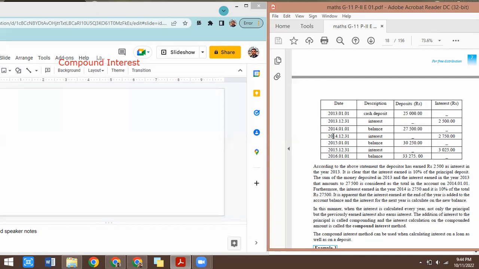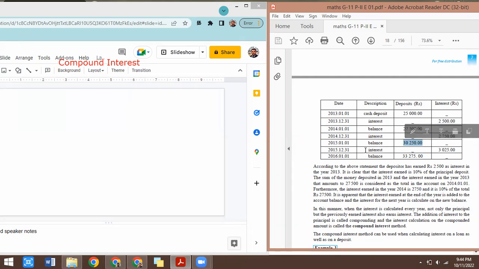At the end of 2014, the last date of 2014, he will receive an interest of 2,750. That is the 10% annual interest of 27,500. Now that will be added to the balance, and he will receive a total balance of 30,250 at the beginning of the next year, the third year, which is 2015.